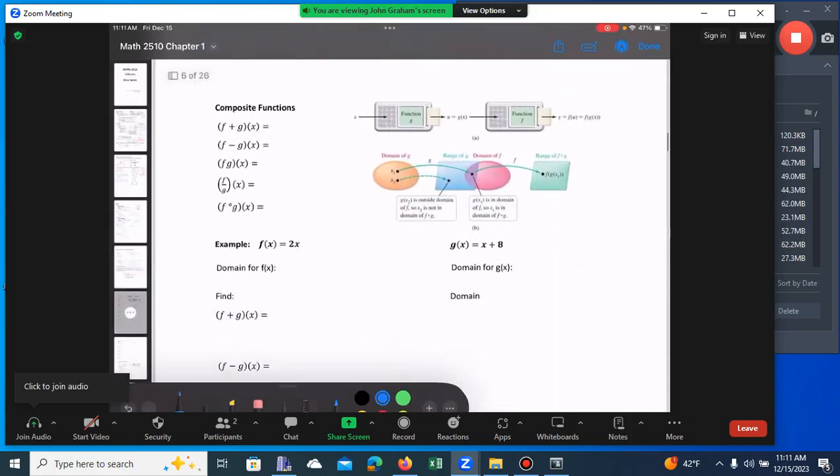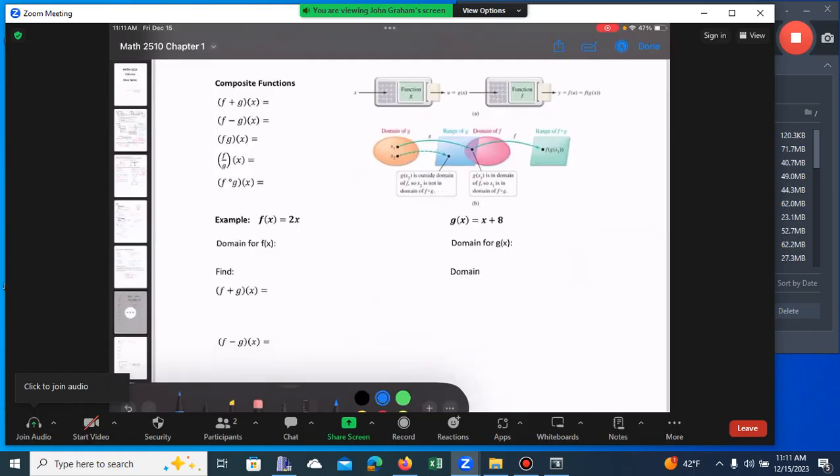All right. Next is composite functions. It's really shorthand almost, ways of writing how you add, subtract, multiply, divide functions, or how you can substitute one function into another function. If you see f plus g of x, this is just f of x plus g of x.